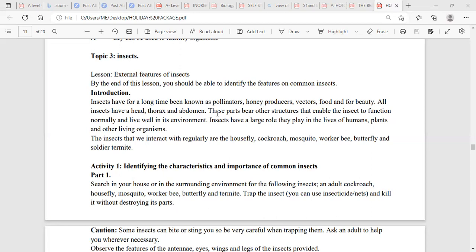Some act as food and for beauty. All these insects have their body divided into the head, thorax, and the abdomen. These are the three main body parts.